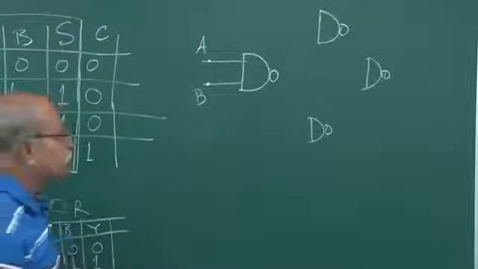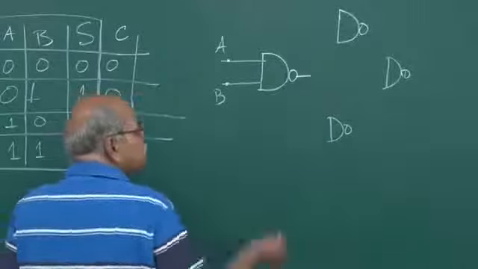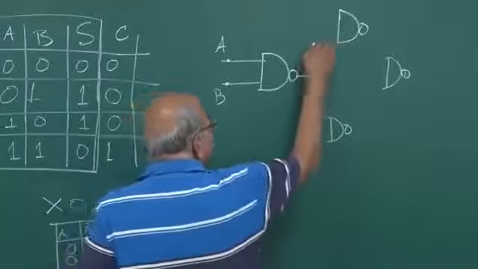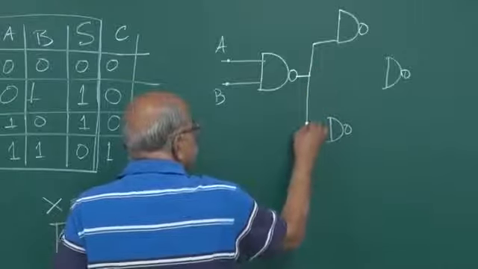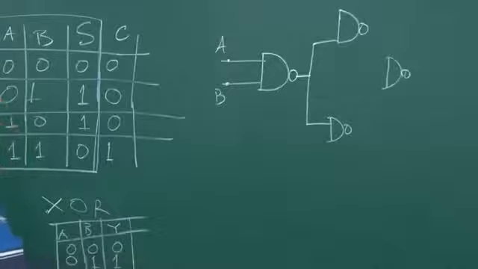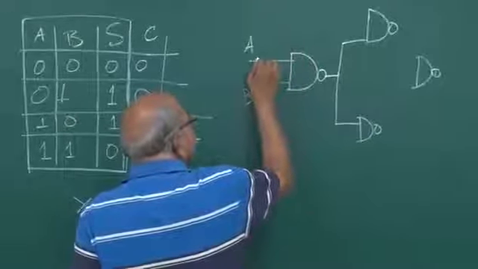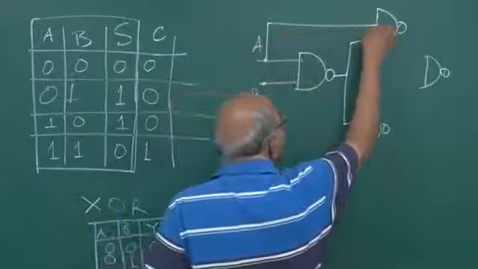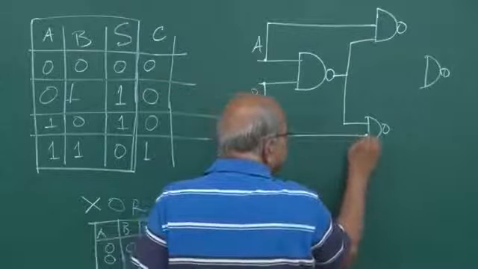Okay, then the output of this first NAND gate goes as an input here and that also goes as an input here, one of the 2 inputs. And then the second input comes from this A point itself. So this goes here and then from B this goes here.